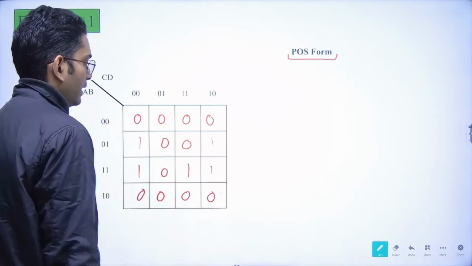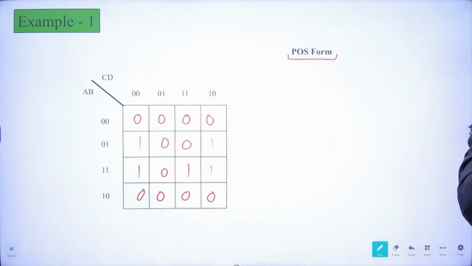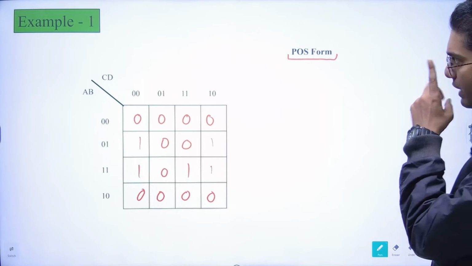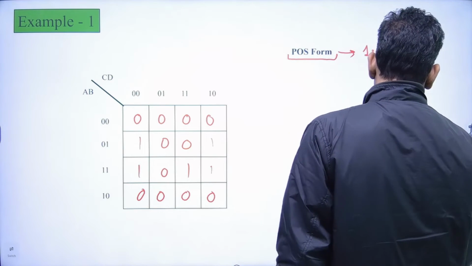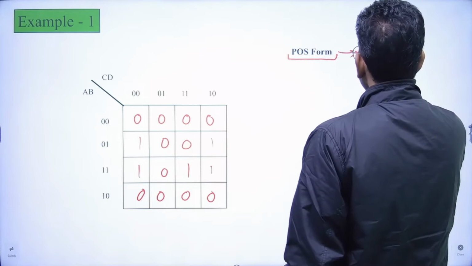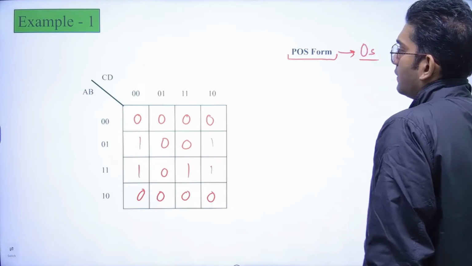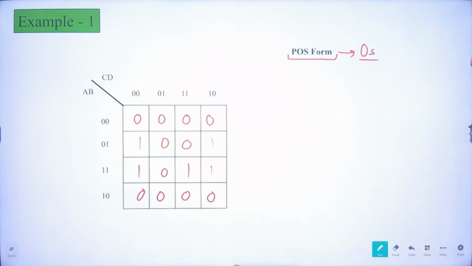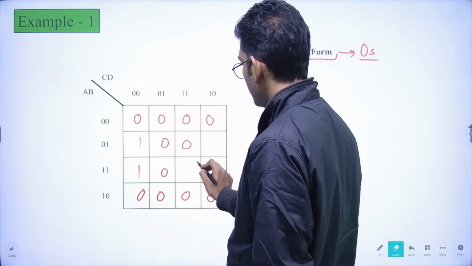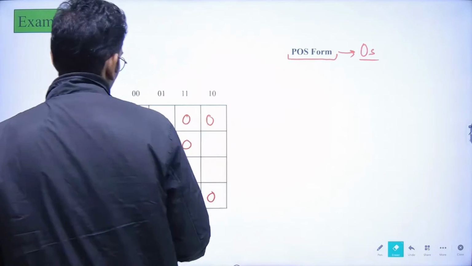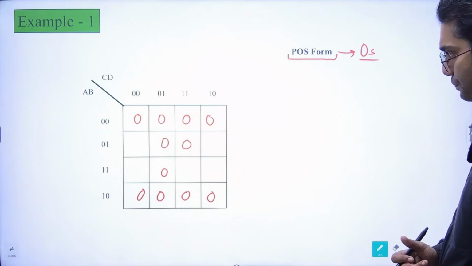These were the values that I had taken into consideration in the previous example, fine. Now for writing the POS form, what will we take into consideration? We will check the zeros and make pairs of the zeros, fine. Or we can erase the ones so that it is easy for you to understand how the pairing is being done in this case, fine.